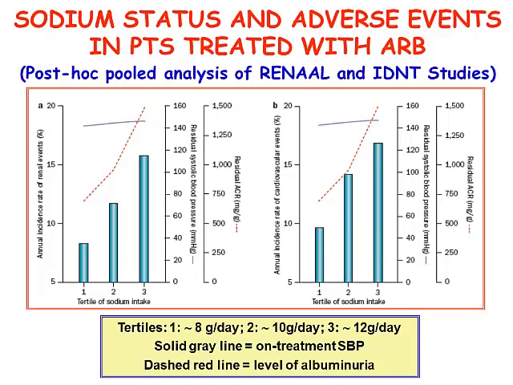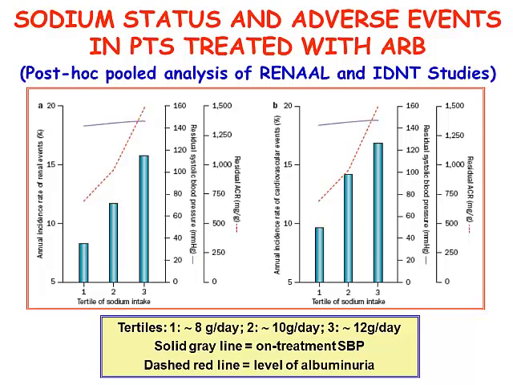And it also showed that it was possible to obtain with irbesartan a substantial reduction of proteinuria. Well, the recent post-hoc pooled analysis of these papers shows that another important factor influencing renal and cardiovascular events is the sodium content of the diet.